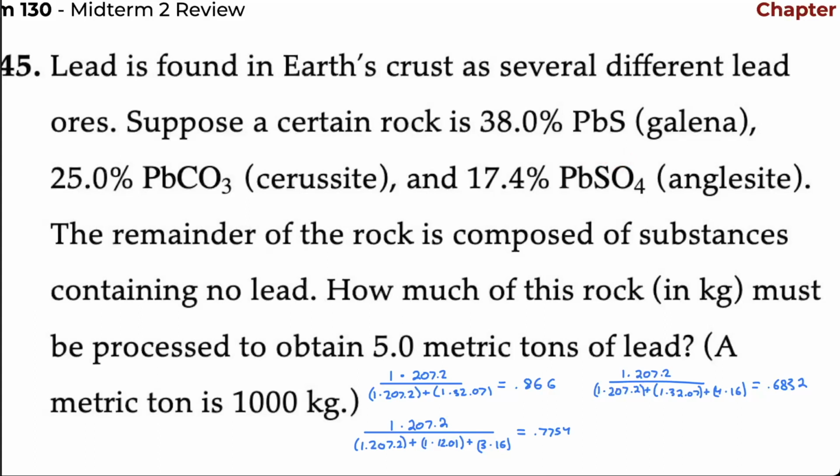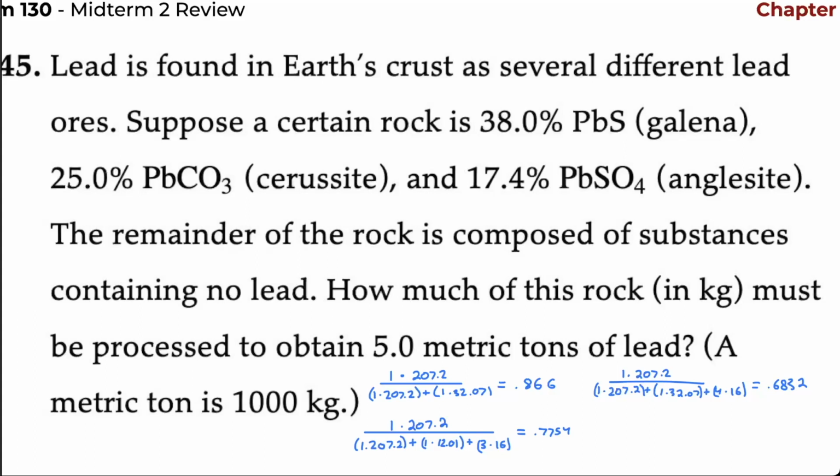Now, here's the thing. To find the lead in the total rock, we're going to take these percentages and multiply them by the total percentages. Okay, so here's what we're gonna do.